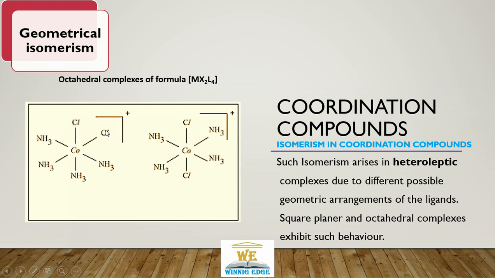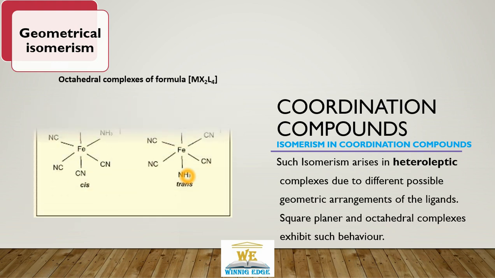So here chlorine and chlorine atoms are very close to each other, they are adjacent. So the 2 atoms are very close to each other and it makes a cis geometry. And on the other side, when 2 ligands occupy our axial positions, we get the trans isomer.